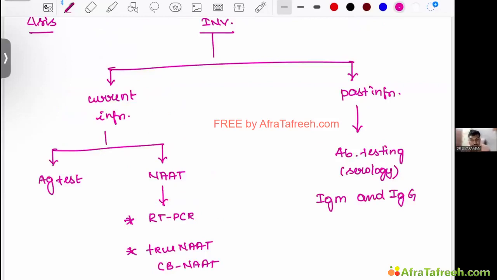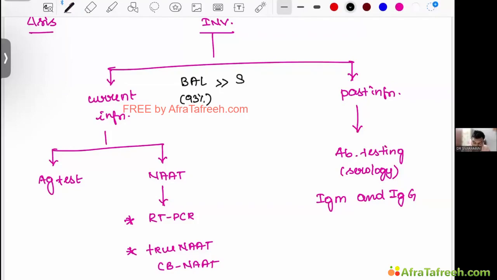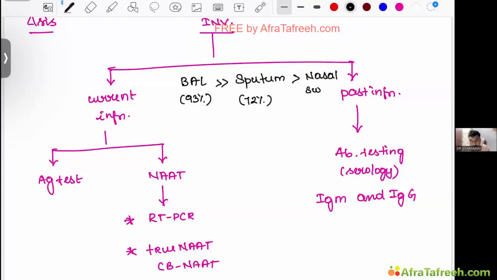So what specimen will you prefer? Whenever a patient comes to you with COVID, you will prefer BAL specimen, which is 93% sensitive, followed by sputum, which is 72%, followed by nasal swab, and followed by throat swab. But collecting a throat swab is comparatively easy, so for that reason we usually go for throat swab.